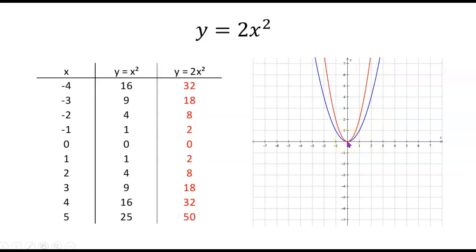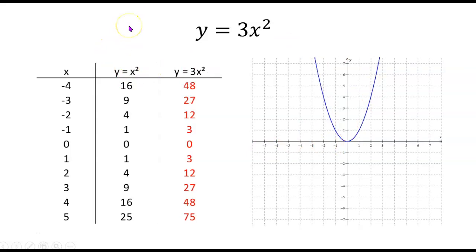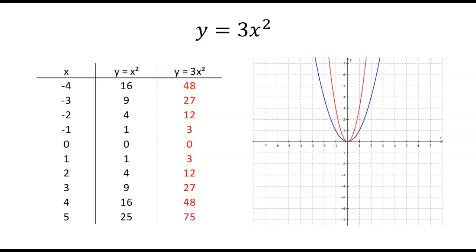Where we used to be 0 spaces up, we're still 0 spaces up. So the whole thing got vertically stretched by a factor of 2. If we had y equals 3 times x squared, all the y coordinates would be 3 times as big, and the whole thing would be stretched vertically by a factor of 3, which makes it even skinnier and narrower.